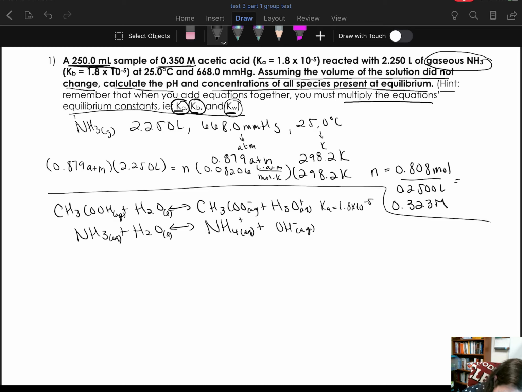And this Kb is equal to 1.8 times 10 to the negative 5. And then I say use Kw. However, I'm trying to combine my equations to get the reaction between acetic acid and ammonia. So I actually want my product to be water. So I want to get rid of hydronium hydroxide on the product side by having it on the reactant side.